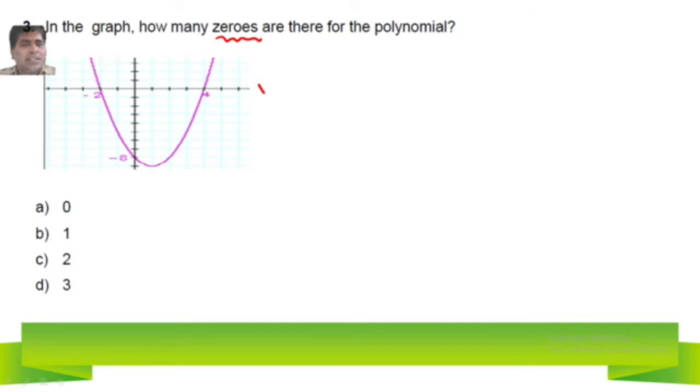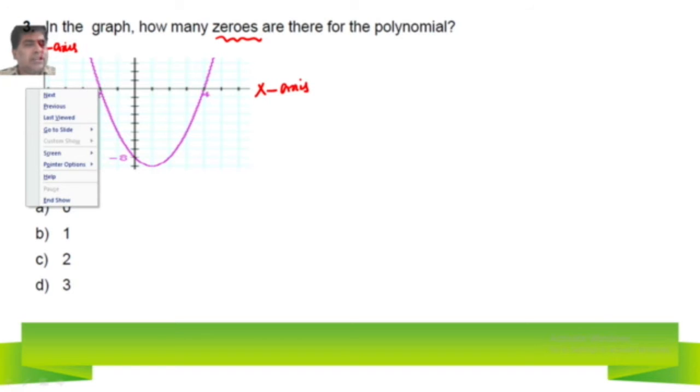So this is the x-axis, clearly, and this is the y-axis. So this graph, how many times is it intersecting?